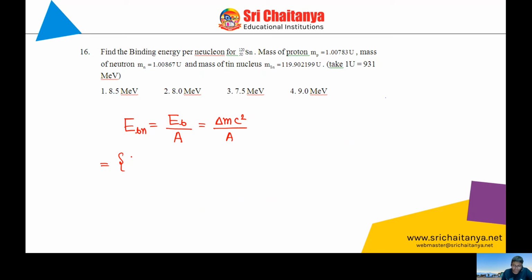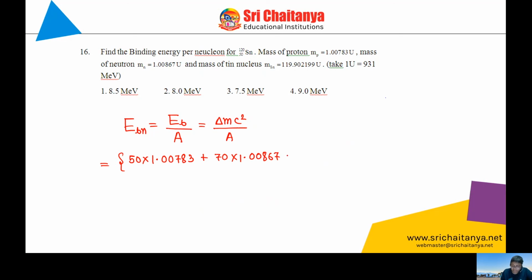So here, the mass of the constituent nucleons will be: 50 is the number of protons, and the mass of each proton has been given to us as 1.00783 AMU, and the number of neutrons would be 120 minus 50, so that is definitely 70, and the mass of each neutron is 1.00867.